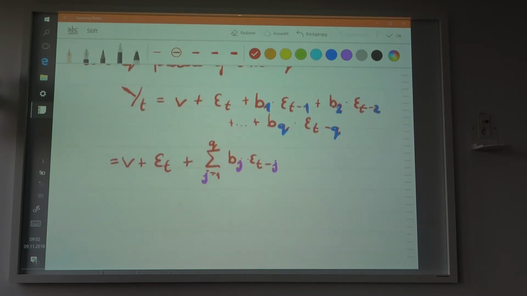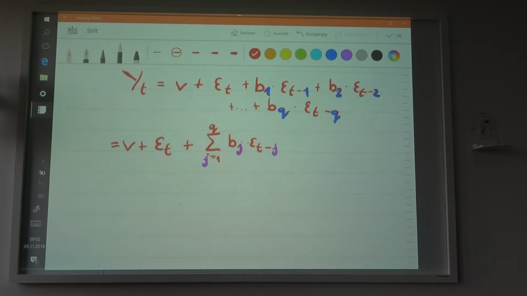Good. Now, let's consider an easy example first. Let's say that what you have is a moving average process of order 2. So this is a second order moving average process.